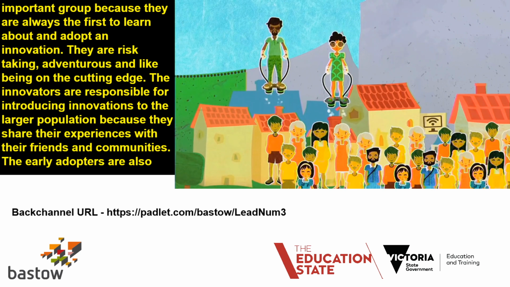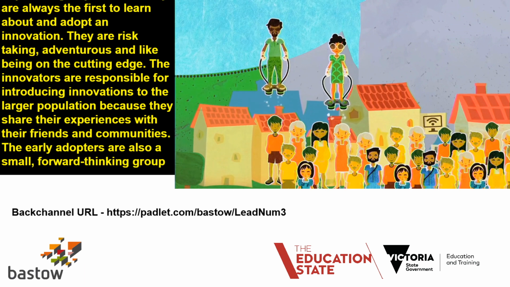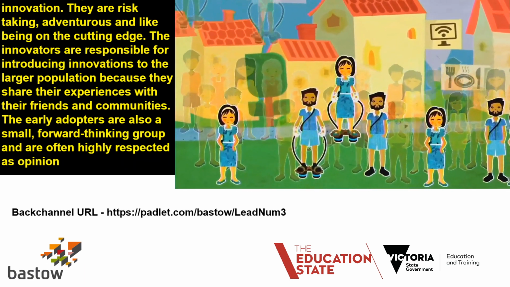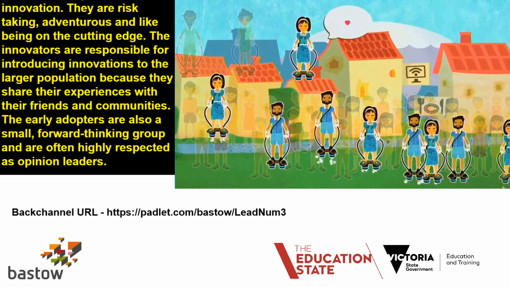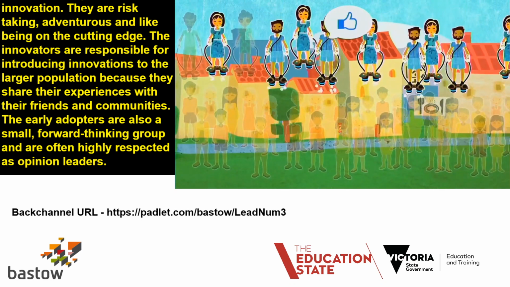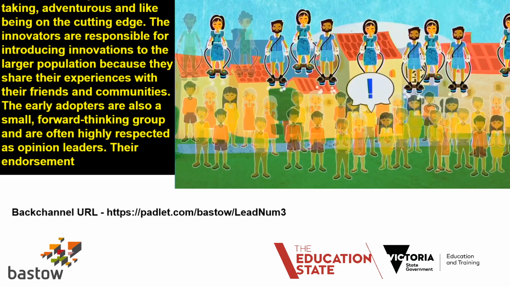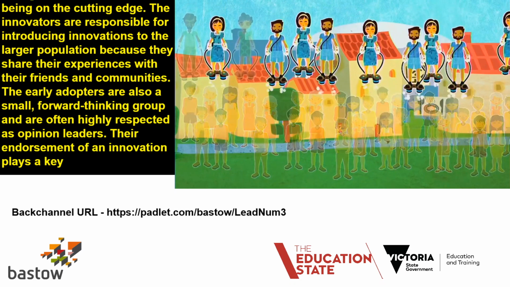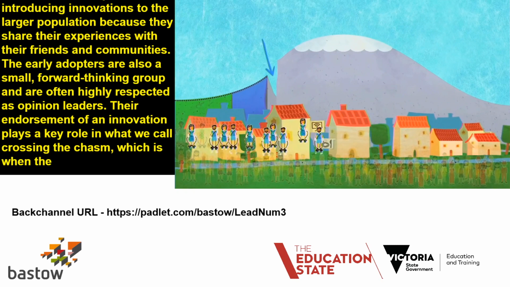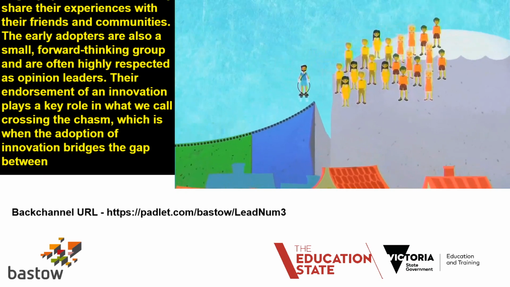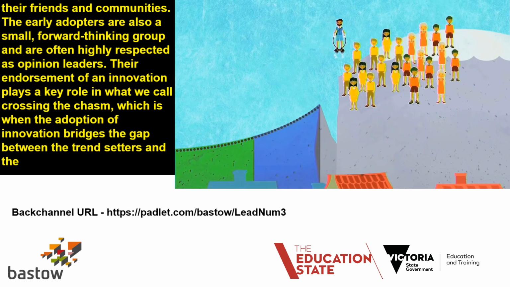The early adopters are also a small, forward-thinking group and are often highly respected as opinion leaders. Their endorsement of an innovation plays a key role in what we call crossing the chasm, which is when the adoption of an innovation bridges the gap between the trendsetters and the majority.